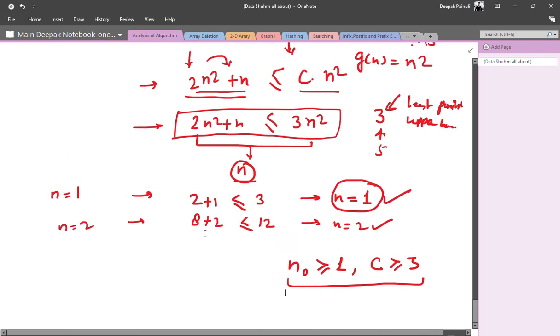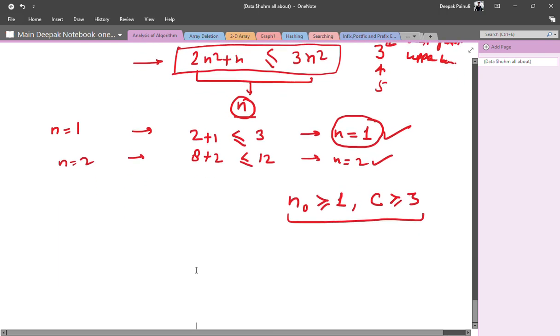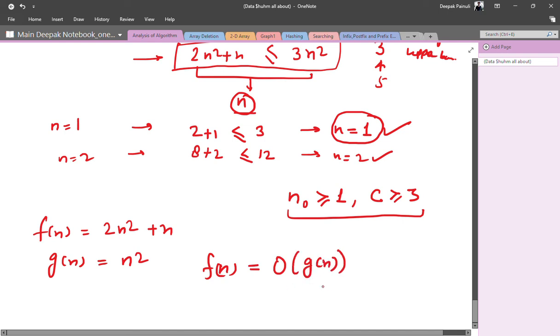Now we can say, for the original function f(n) equals 2n square plus n, and our assumed function g(n) equals n square, that f(n) is big O of g(n) only for n0 greater than or equal to 1 and c greater than or equal to 3.